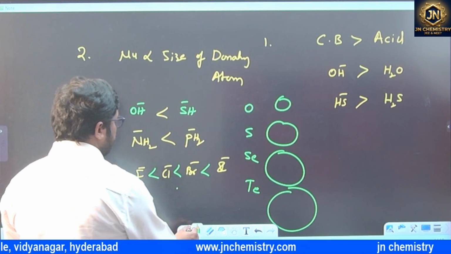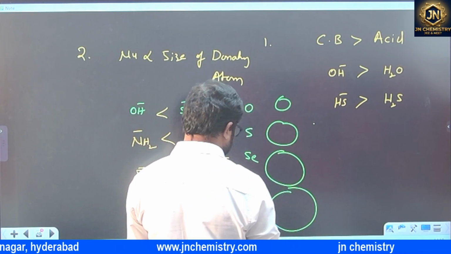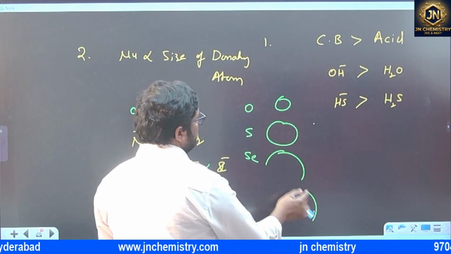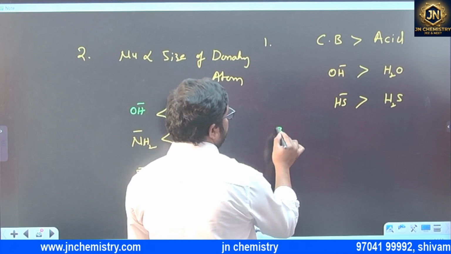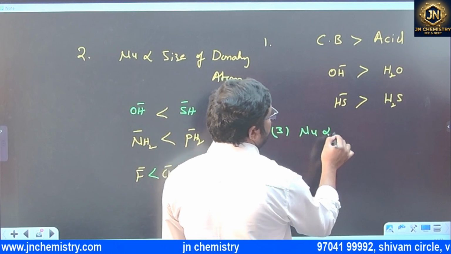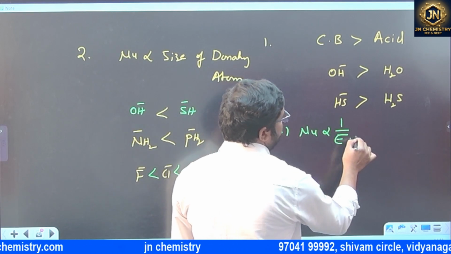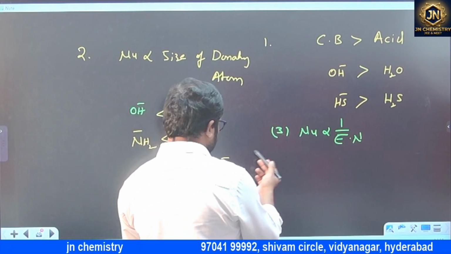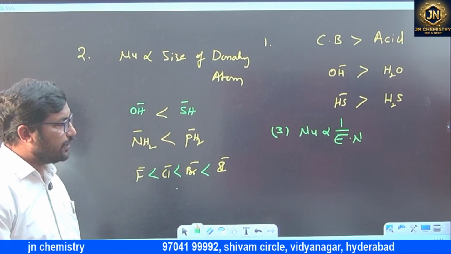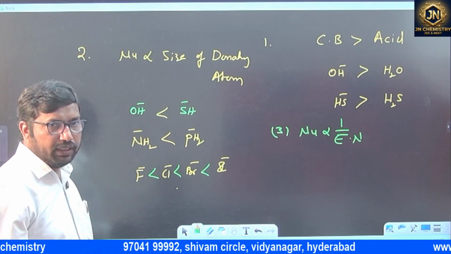Then the third point: nucleophile strength is inversely proportional to the electronegativity of the donating atom. The same order we can get. The size is more, so it is less electronegative.